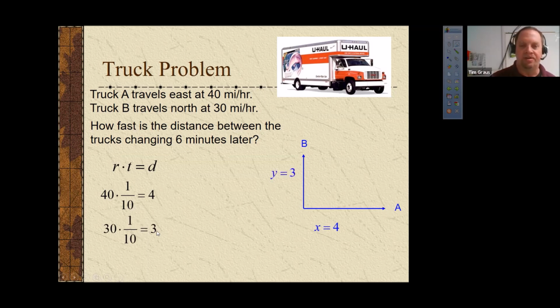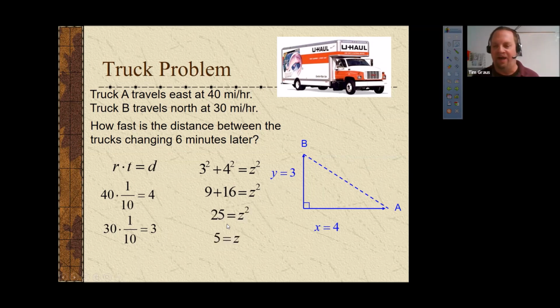So the distance there is 3. The distance from B to A is very easy to find. This is a right triangle, therefore the Pythagorean theorem applies. We have legs of 3 and 4, and we're trying to find the distance here. 3 squared plus 4 squared gives us 25, and so the length Z is 5. It's a 3, 4, 5 triangle.